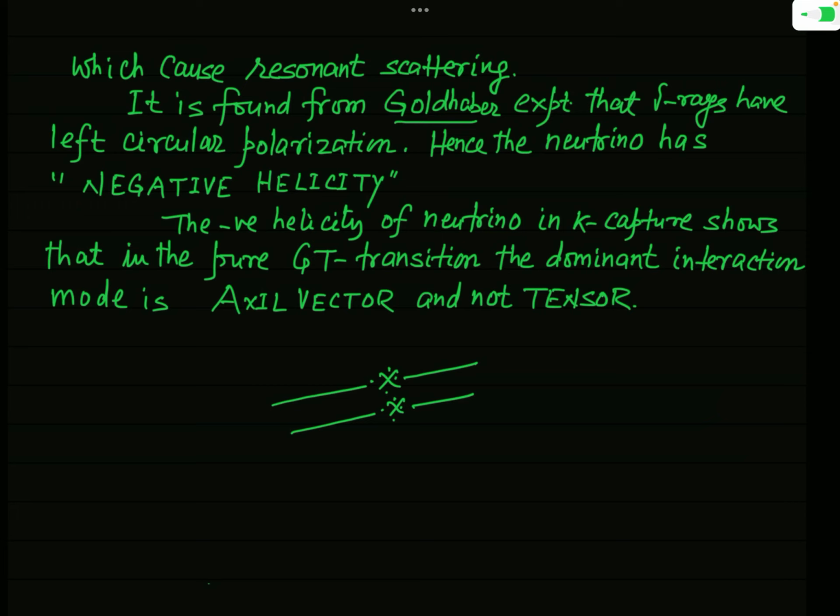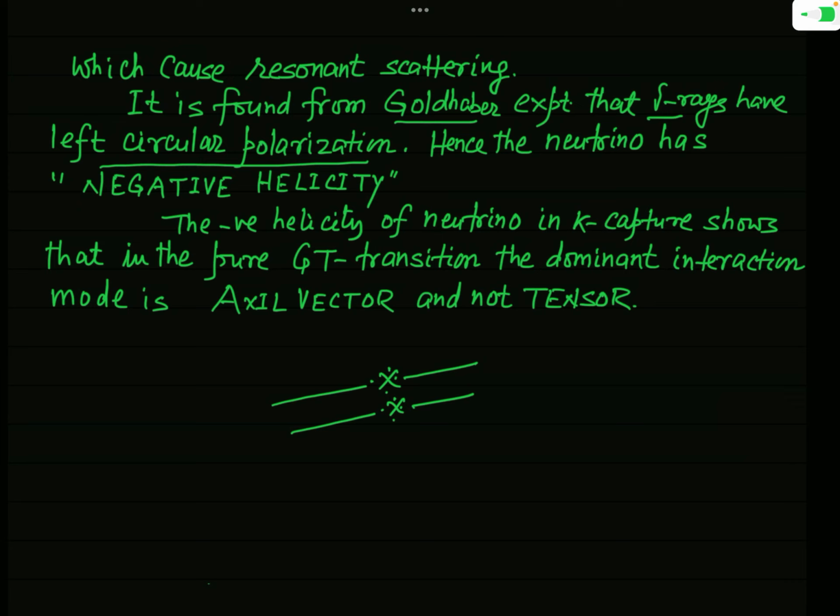It was found from the Goldhaber experiment that gamma rays have left circular polarization, and if the polarization is left circular, then you know that the helicity will be negative.